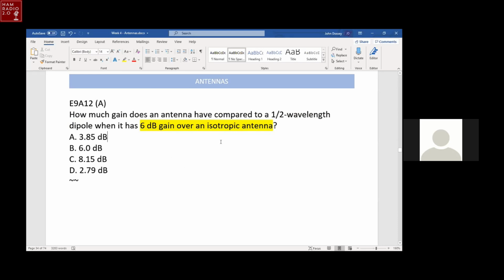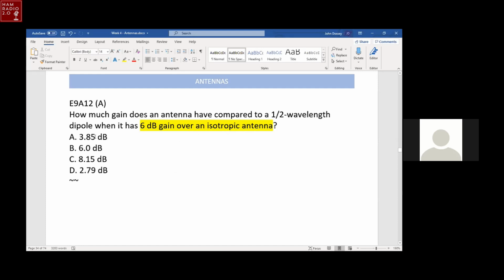A dipole has, this would be a good place for a picture, but I didn't make one. A dipole has 2.15 dB gain over the isotropic. This antenna has 6 over it. So how much gain does this antenna have over a dipole? That is what the question's asking.